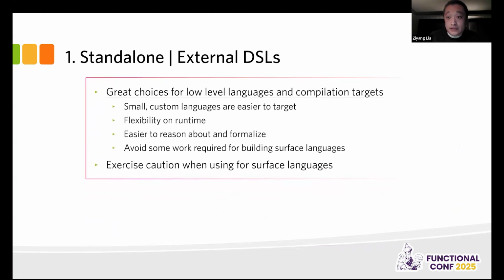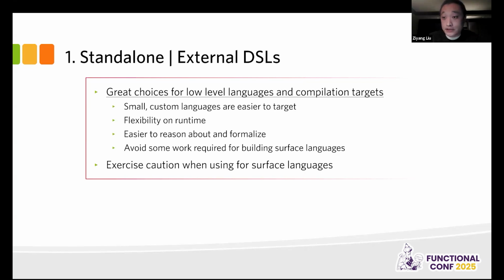These considerations lead to the point that I'm underscoring here, which is that standalone DSLs are excellent choices for low-level languages and compilation targets. That may be a little counterintuitive to hear at first, but not really if you think more about it. Basically, at the low level, there are just more reasons to customize things.